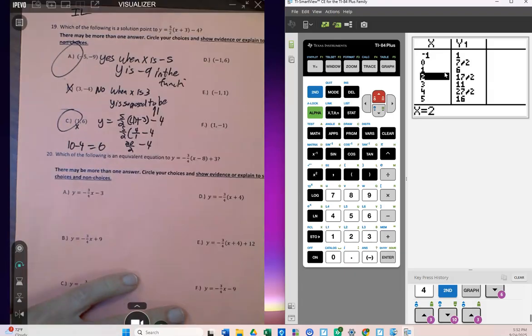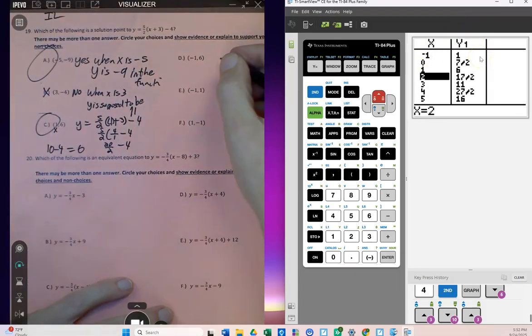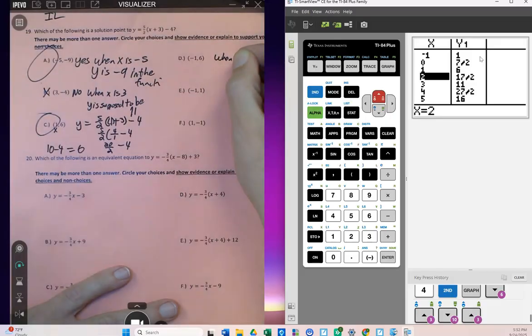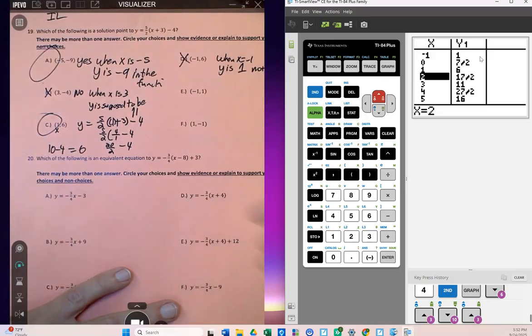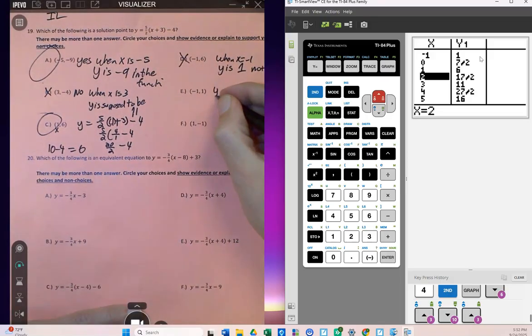Okay. Let's go up. Negative 1, 1. Okay, negative 1, 1's on there. How can I prove it?